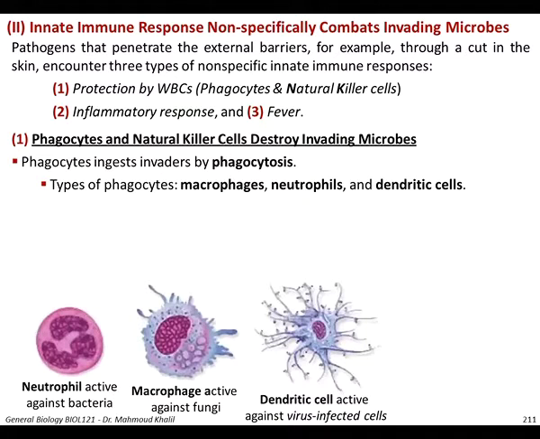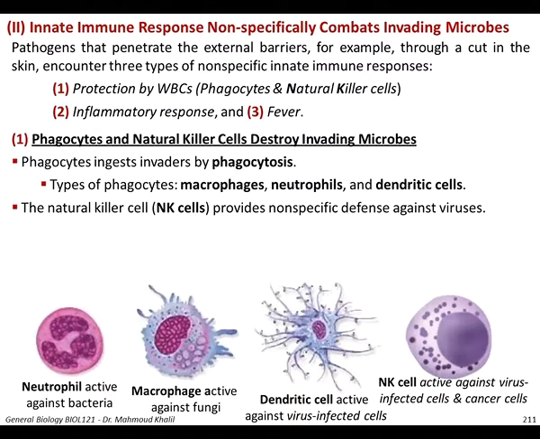You can see that neutrophils are active against certain bacteria, while macrophages are active against fungi, while the dendritic cells are active against any virus-infected cells. And these are the three types of phagocytes involved in the innate immune response. While the natural killer cells, called NK cells, provide non-specific defense against viruses. So actually they are active against virus-infected cells or even cancer cells.